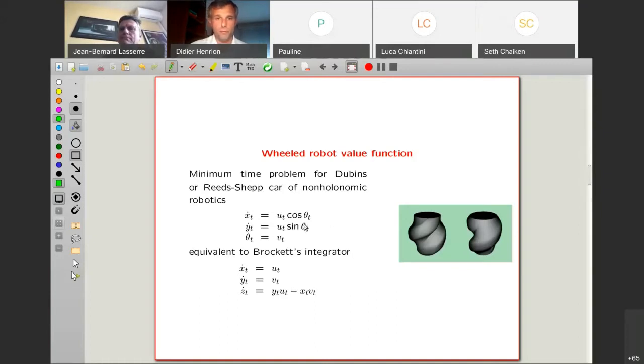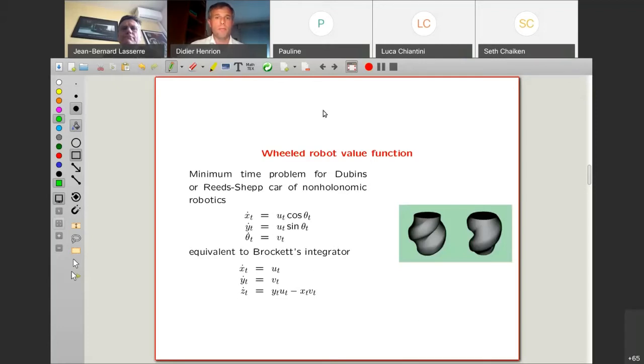And so you have control signals. Here you have 2 controls and 3 states. Using a nonlinear change of variables, you can rewrite it as purely polynomial dynamics. It's called the Brockett integrator. And the value function for this is quite intricate.